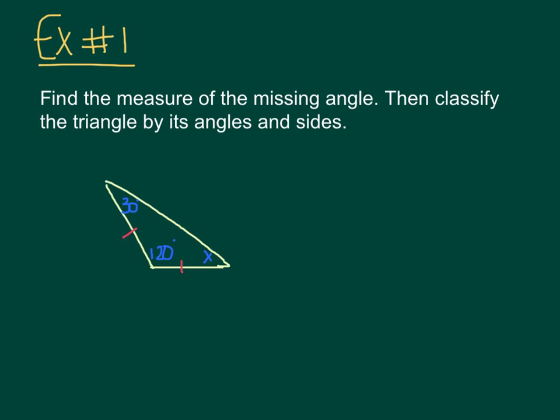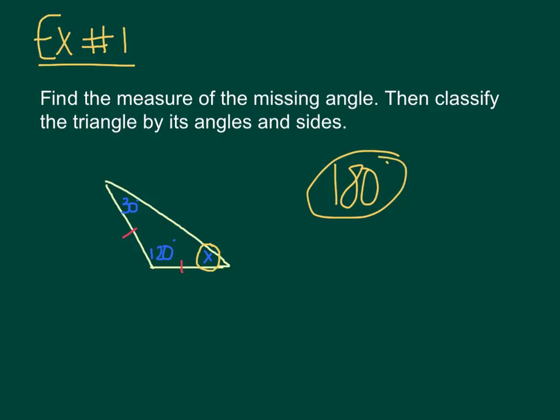So example 1, we're going to label it as acute, right, or obtuse, and equilateral, scalene, or isosceles. In addition to that, we're also going to find the missing angle. So let's do that first. We have talked before about triangles, and we said they always need to add up to 180 degrees.